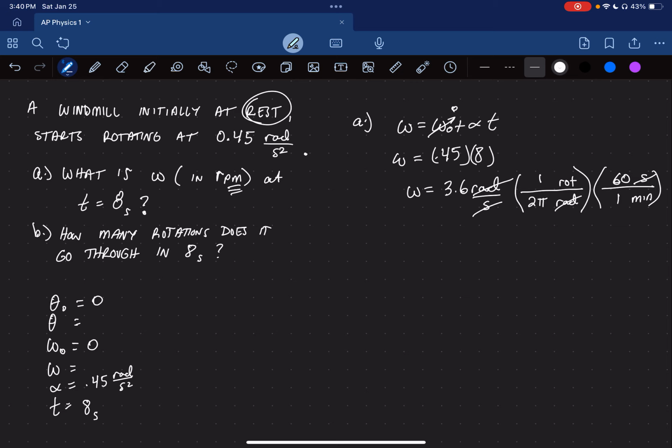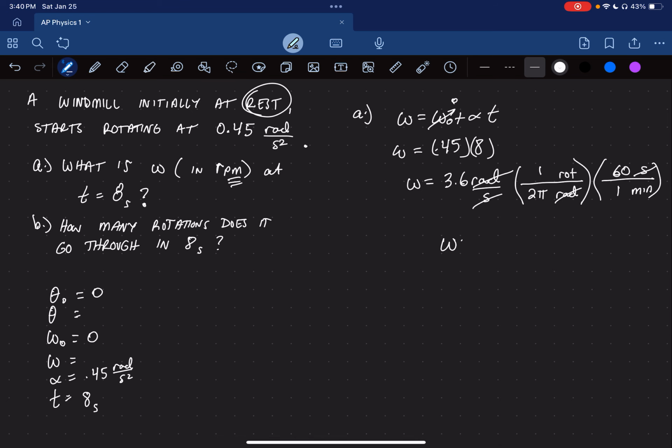That's 3.6 times 60, and divide by parentheses 2 pi, close parentheses. Sorry, 34.4 rotations per minute, and I'm just going to write it now as RPM.